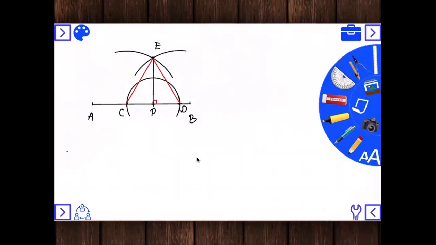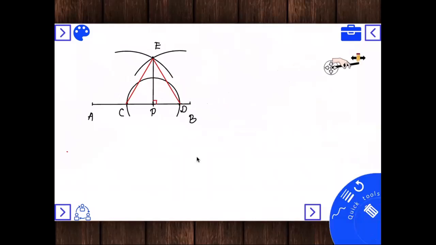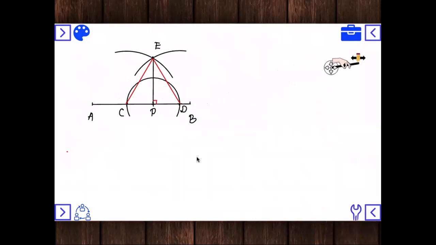Remember the first step? The first step, we put the compass on P and we drew an arc, this arc, right? That means CP is equal to DP, right? Because CP and DP are 2 radiuses of the same arc.